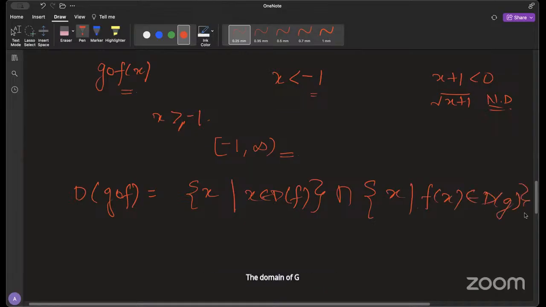For GOF to be defined, you want f to be defined on x, and then you want g to be defined on f of x. This is your domain of GOF.